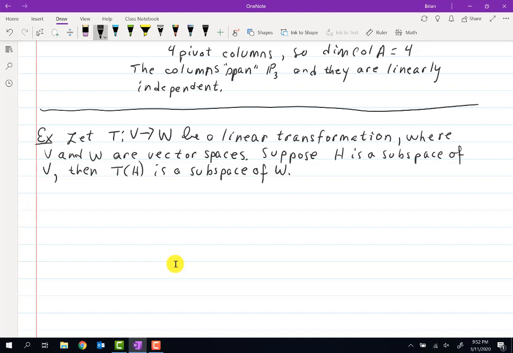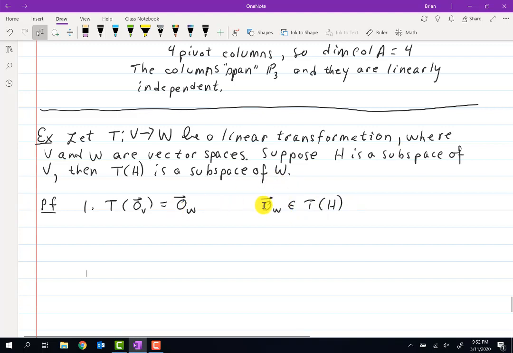So to prove this, first start with the zero vector. Is 0 in this? So we're going to let T of the zero vector in V, we proved this a while back, is equal to the zero vector in W. So the zero vector in W is in the image of H. So as we map H there, the zero vector gets mapped to the zero vector here.